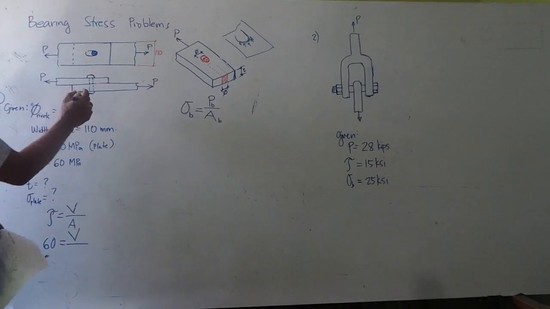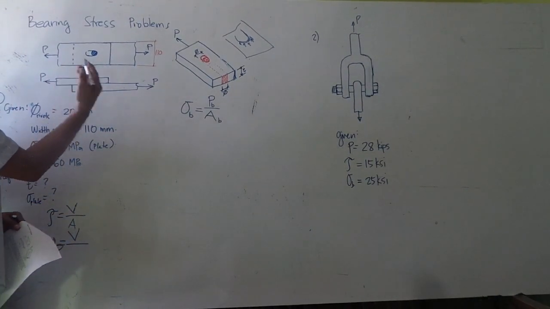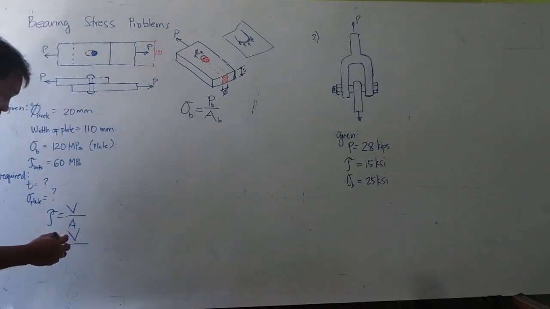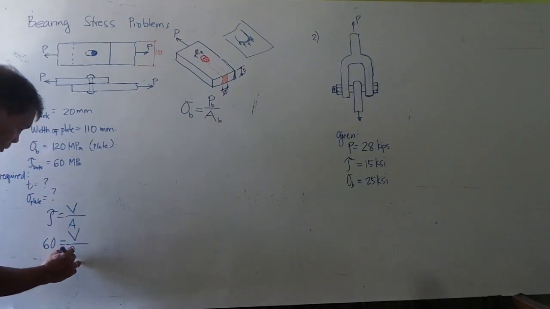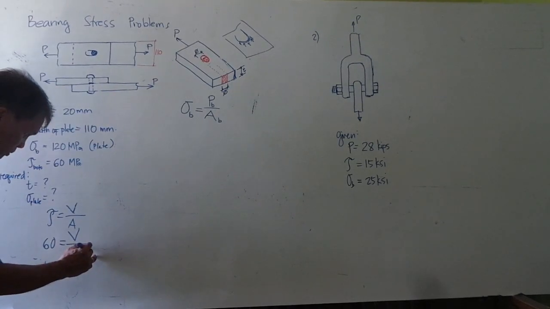It is the diameter of the bolt that is sheared, so pi over 4 times the diameter of the bolt squared.